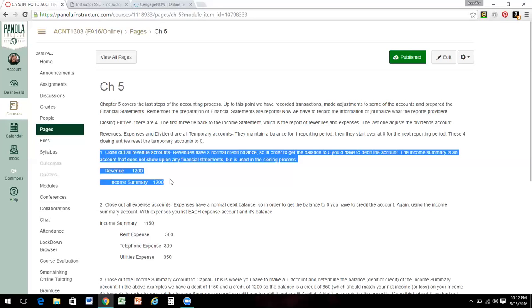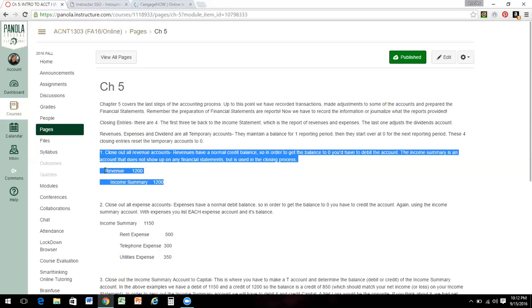It is like the mediator to get the revenue and expenses over into your capital account. So it's just an account to help us with this process. So don't have to worry about what is its normal balance or anything like that. You need to worry about the revenues and expenses and the draw. Make sure you get them to 0.